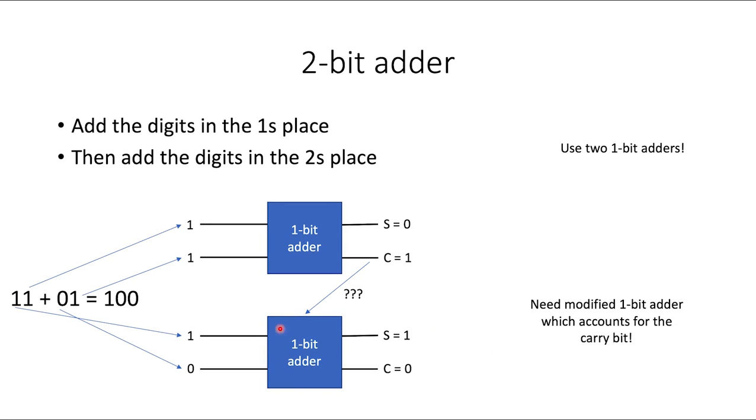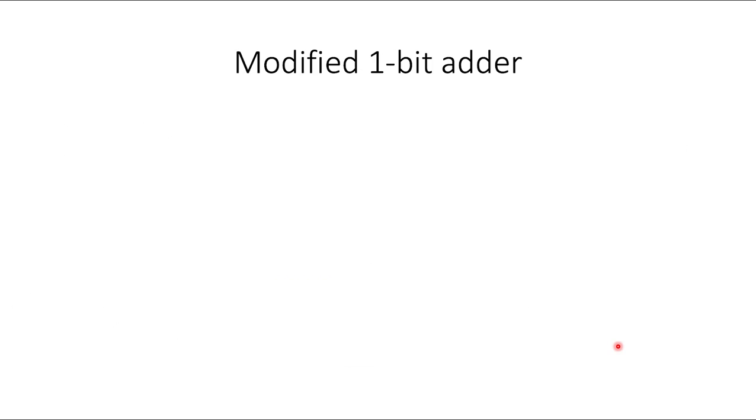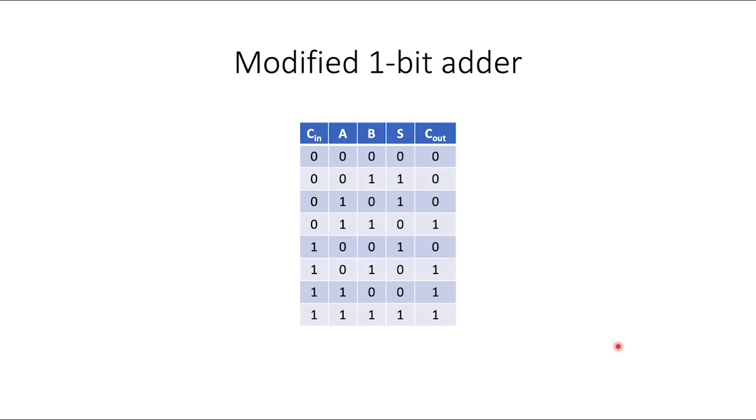So what that means is that this circuit is not really enough. We need a modified 1-bit adder which accounts for this carry bit. So let's think about this modified 1-bit adder. We can summarize the situation in the following truth table. We have an input carry bit, which comes from the previous 1-bit addition problem.